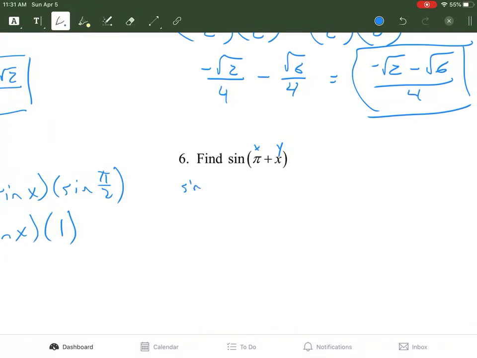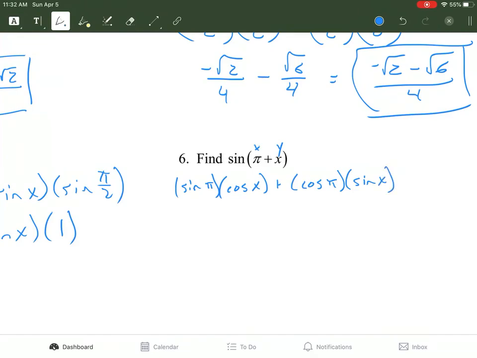So we have sine of pi, my apologies, times the cosine of x plus the cosine of pi times the sine of x.